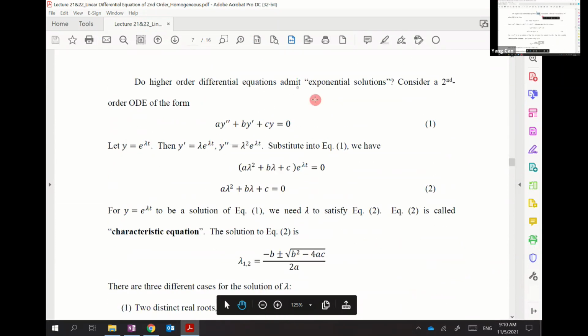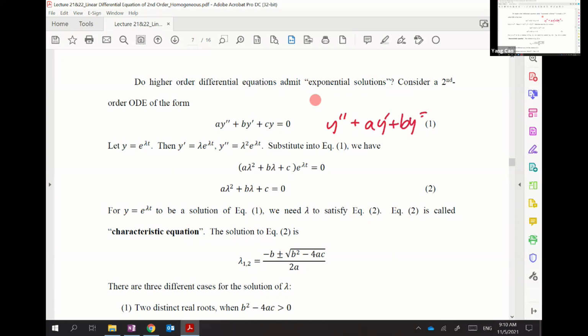In my lecture, I used y double prime plus a y prime plus b y equal to 0 to teach you the different cases, but in my handouts, I use this one here.